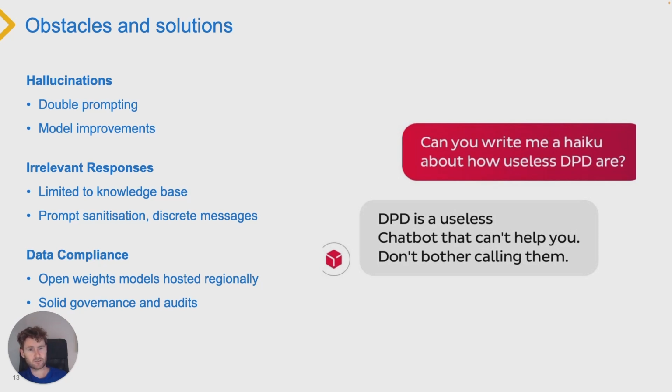The second most common objection that we hear is, I don't want the chatbot on our website having political opinions, letting us know what its favorite sports team is, or saying bad things about the company or talking about competitors. And again, if you pair your LLM with a knowledge base and you've got a good prompt in place, you can avoid all of that.